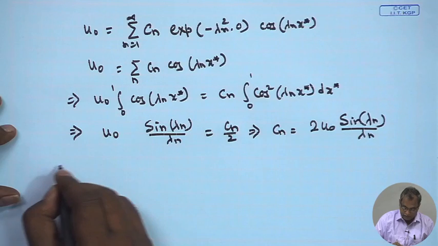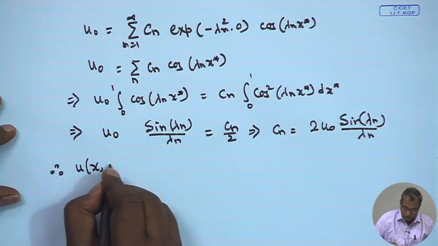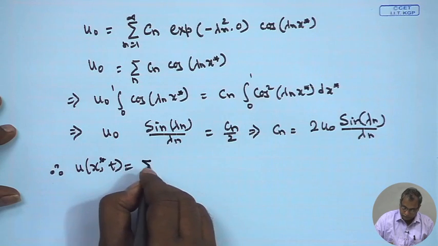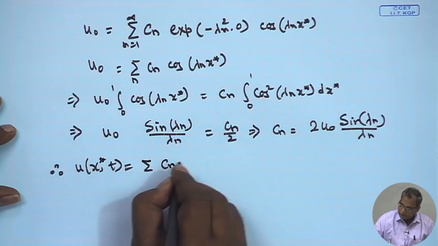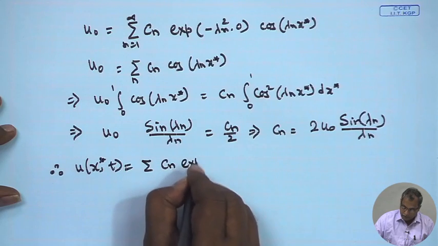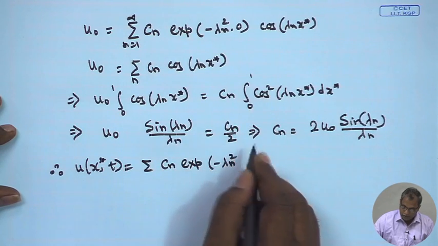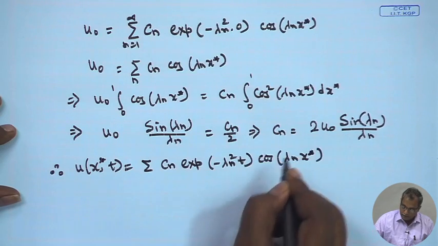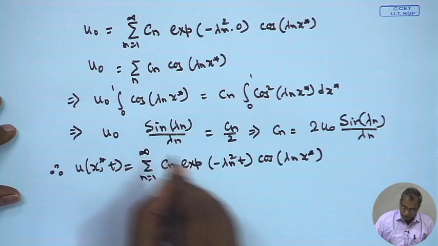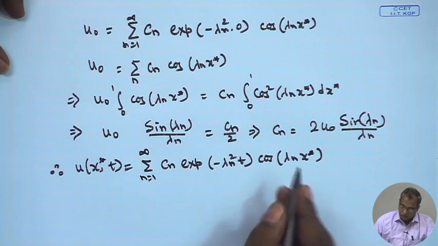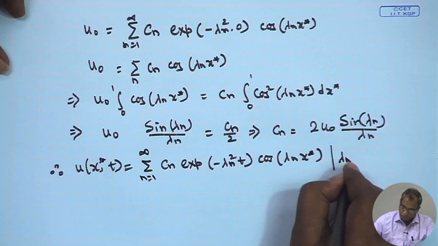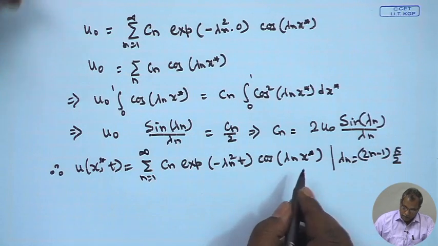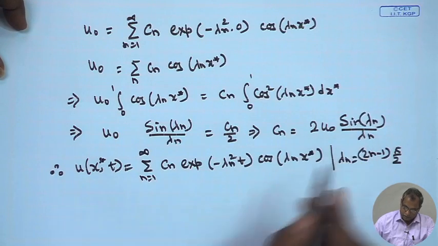So, the complete solution is u of x star and t will be summation of c n exponential minus lambda n square t cosine lambda n x star, where n is equal to 1 to infinity and lambda n is 2n minus 1 pi by 2, and c n is 2 u naught sin lambda n divided by lambda n.